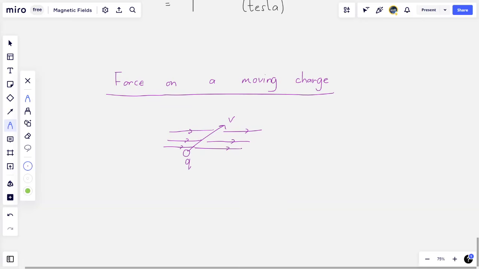It's moving with a speed v, which in many cases will be the drift velocity of any wire. Again, let's not assume that, let's just assume it's moving freely in a magnetic field that has a flux density of B, and theta is the angle between B and v.